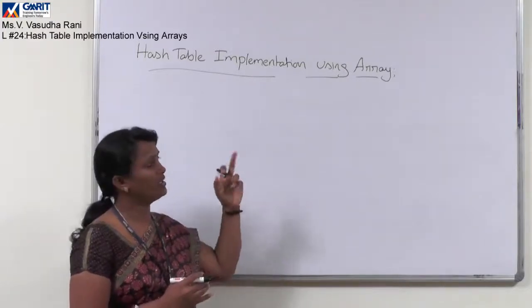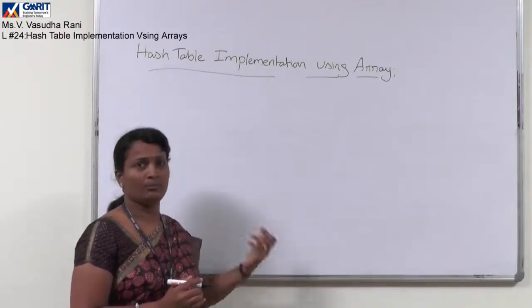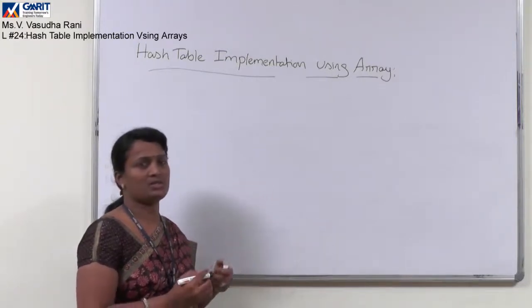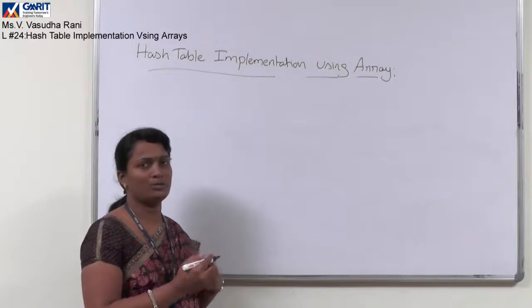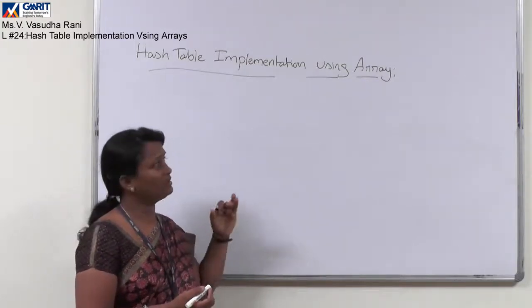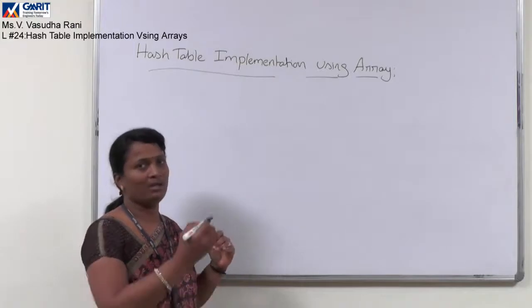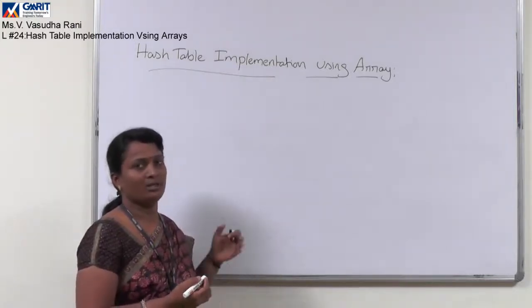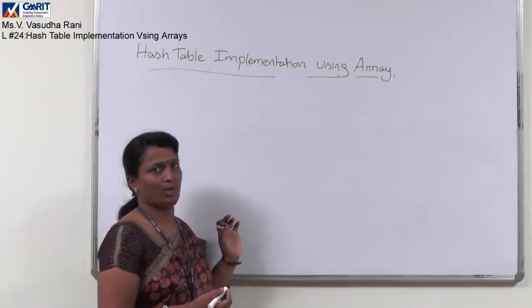But as we are using the predefined array data structure, indexes come by default with the array, and for keys and values we have to define a structure for this program.